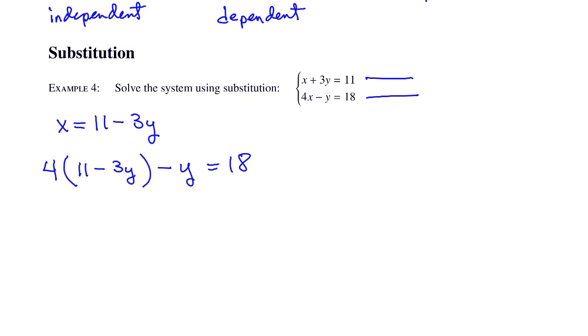Now notice that I now have an equation that has one single variable in it. When you get to that step, then you can solve for that equation. So distribute. You get 44 - 12y - y = 18.